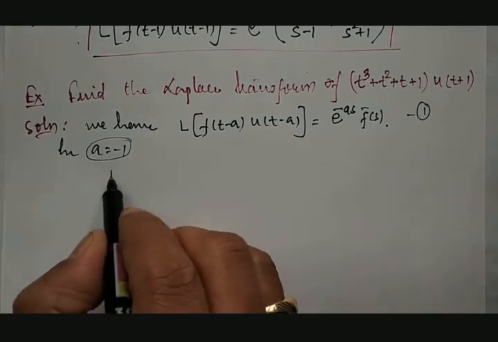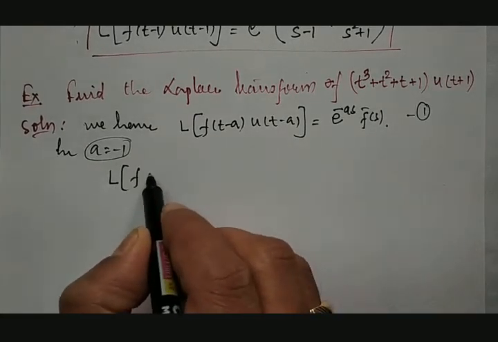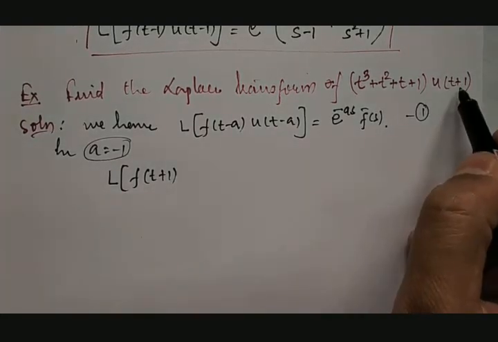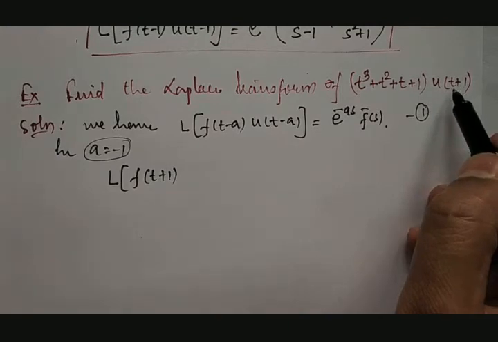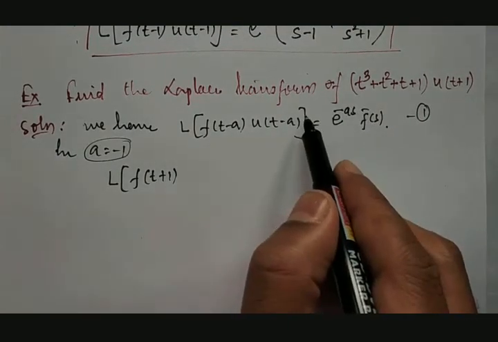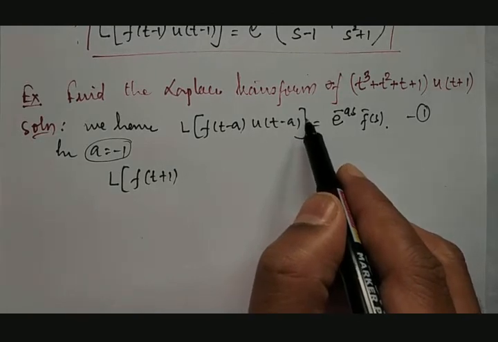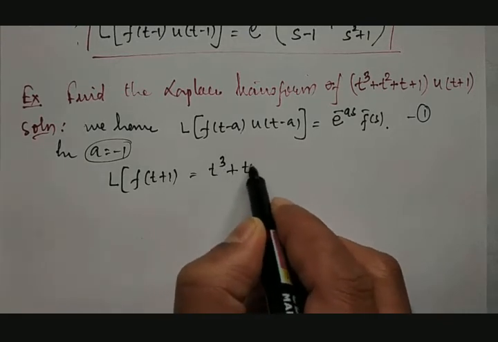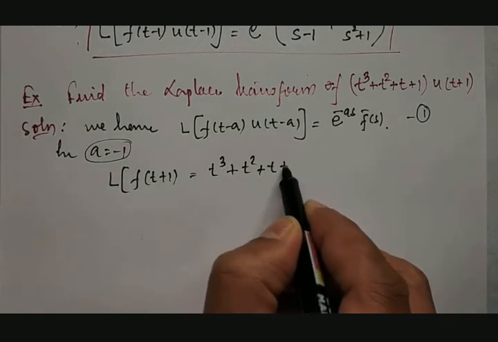Therefore, Laplace transformation of f of t plus 1, this we have to take. F of t plus 1 is equal to this remaining. What is that? T cube plus t square plus t plus 1.